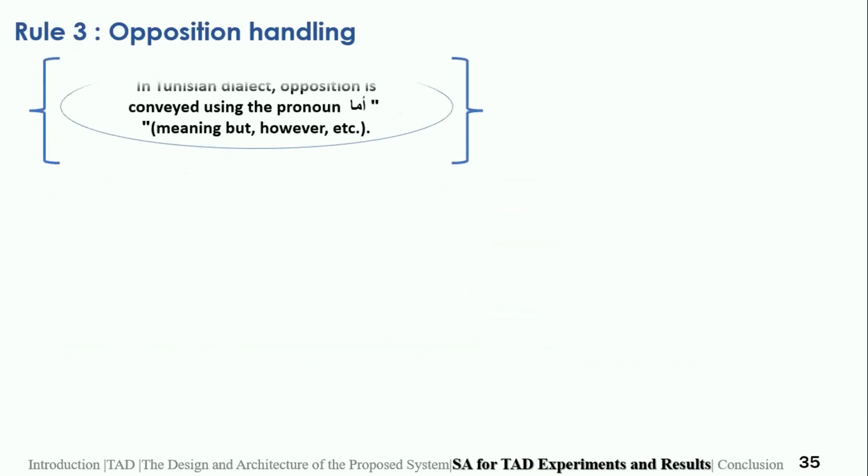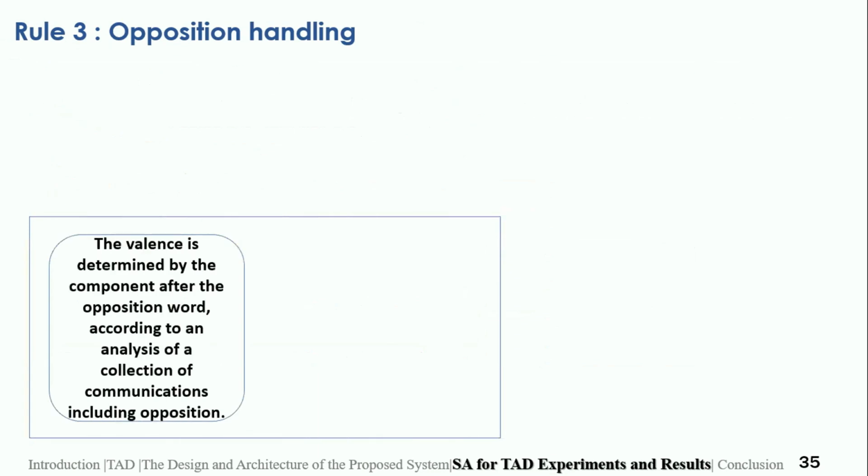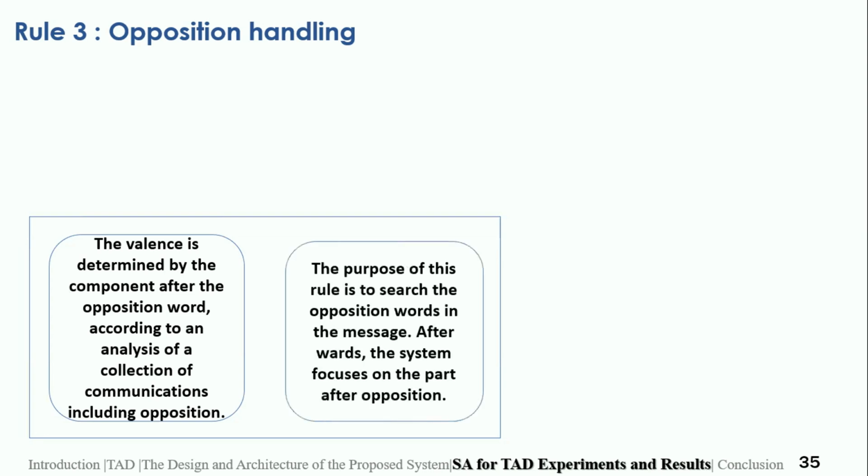The opposition handling. In the Tunisian dialect, opposition is expressed using the word amma, meaning but or however. The valence is determined by the component after the opposition word, according to an analysis of a collection of messages including opposition. The purpose of these rules is to search for the opposition word in the message.